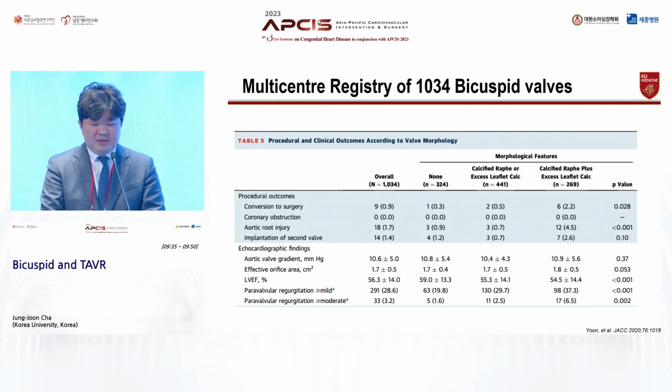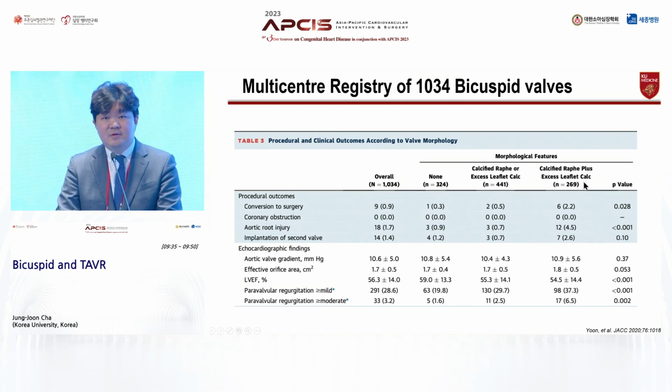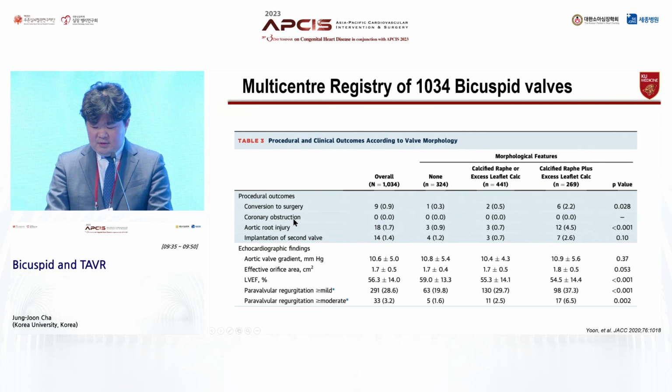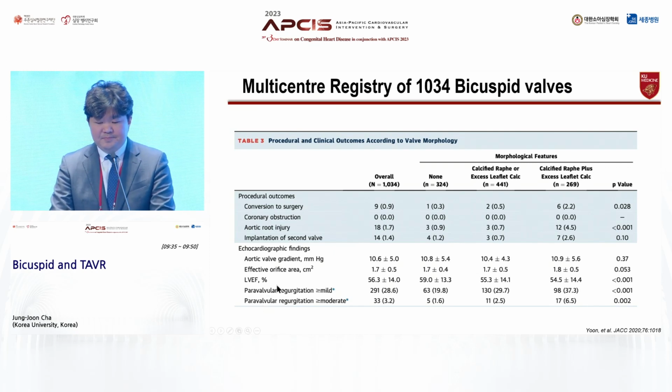There is a multicenter registry showing procedural and clinical outcomes according to valve morphology. As you expected, calcified raphe plus excess leaflet calcification has a poor outcome regarding aortic root injury, and conversion to surgery, and also more paravalvular leak.